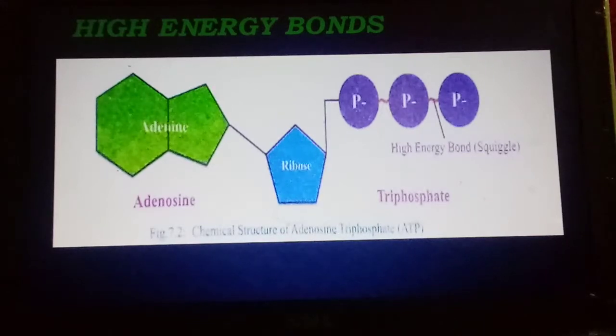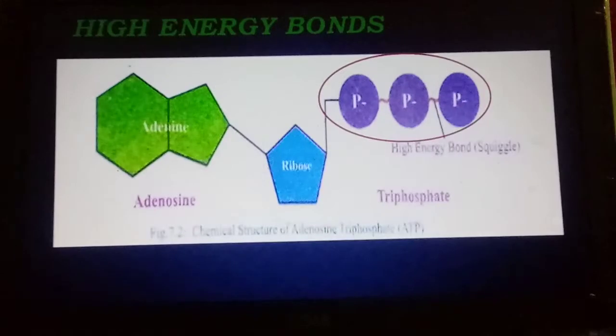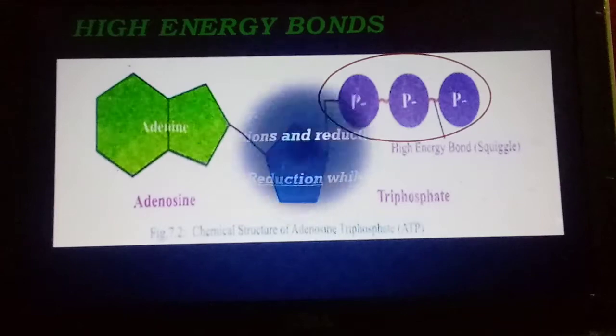With the breakdown of this bond, much energy is released, and the animal uses that energy for its biological functions. These are high energy bonds, squiggle bonds, which are broken down and that energy is used.